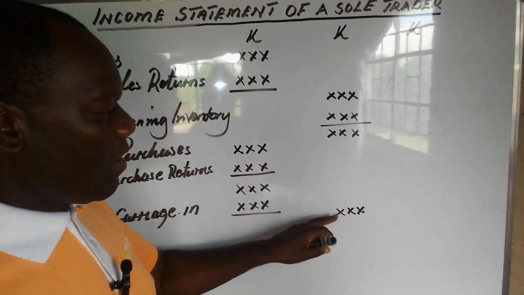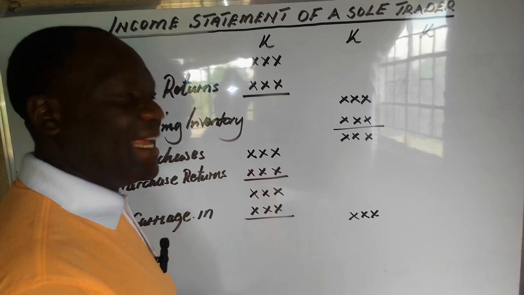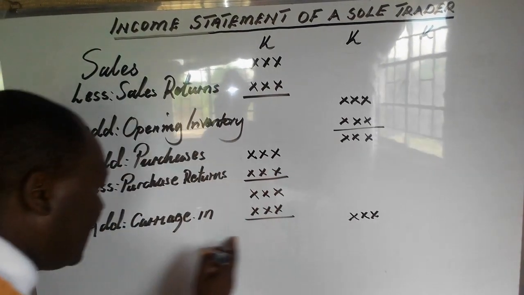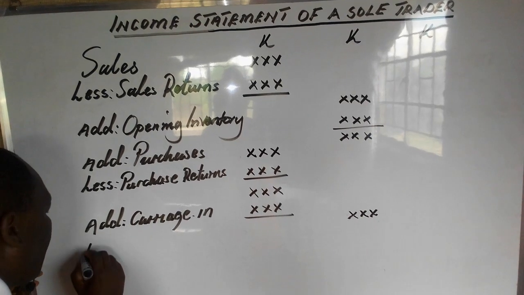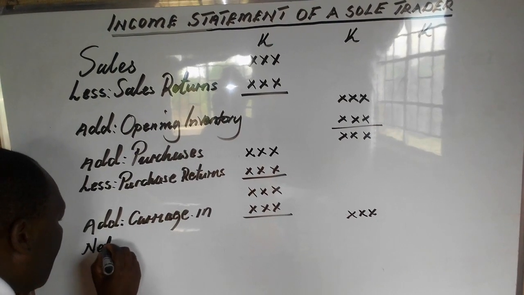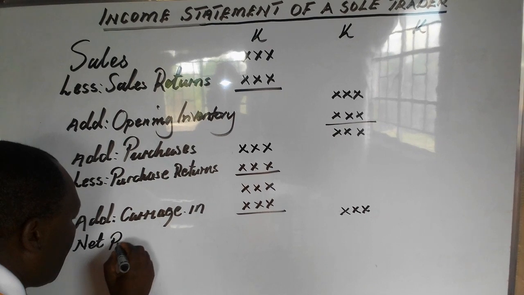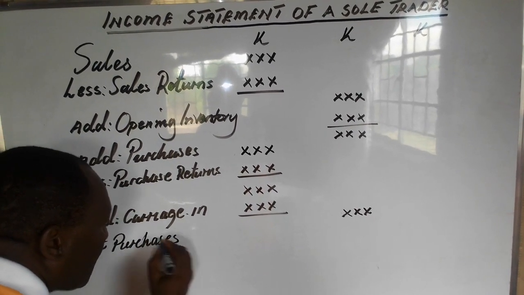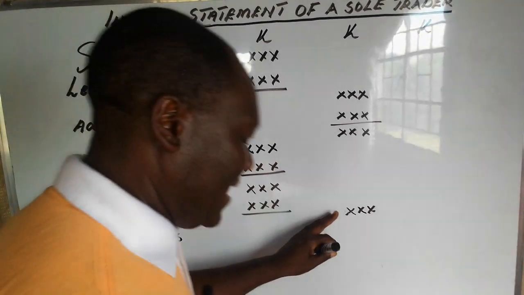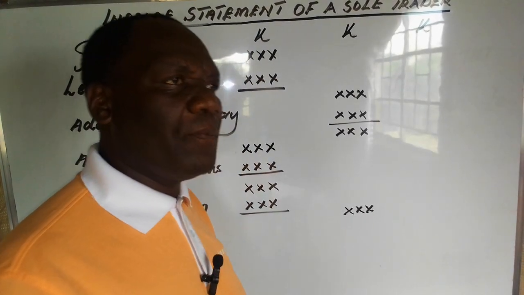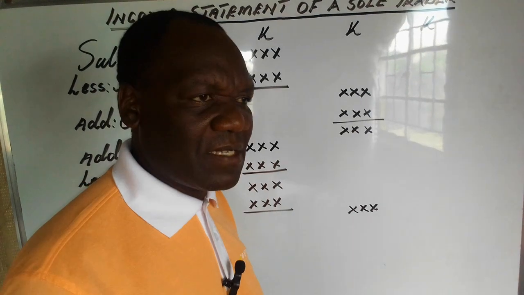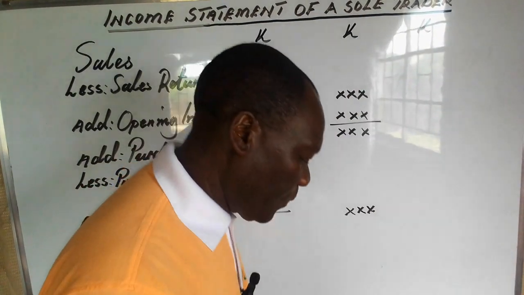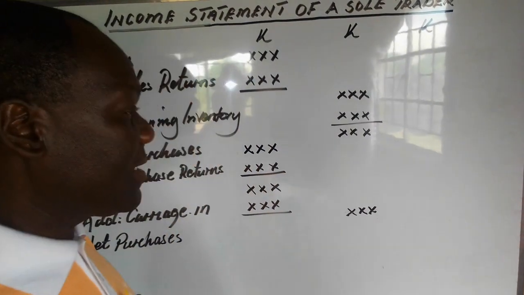So this figure that we have gotten is called net purchases. This is net purchases. Why? Because you have removed the purchases returns and you have also added the carriage inwards.